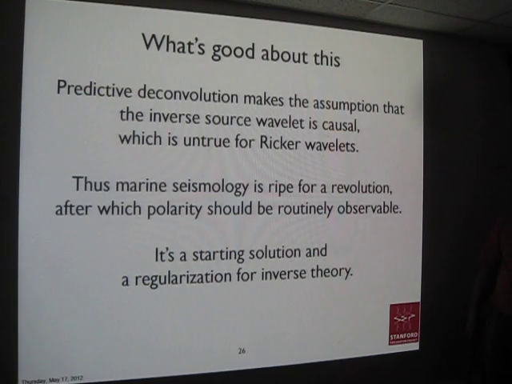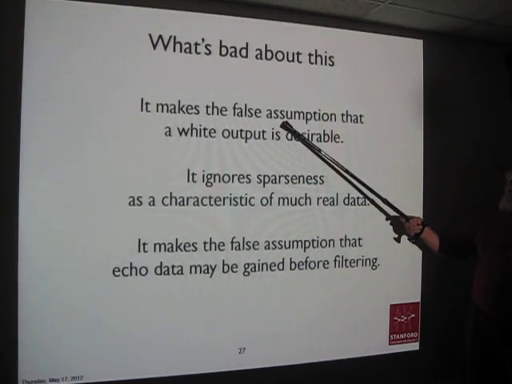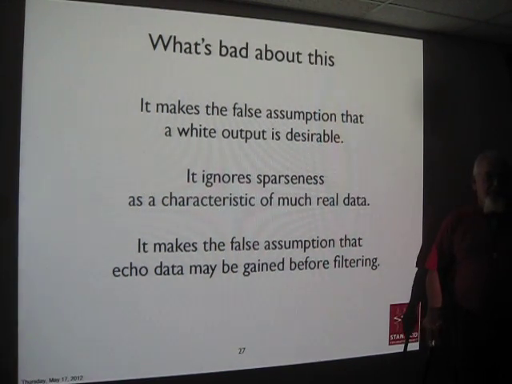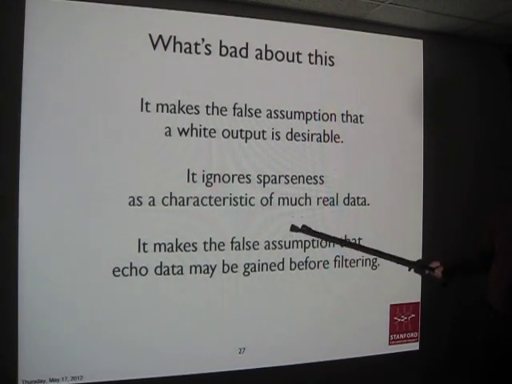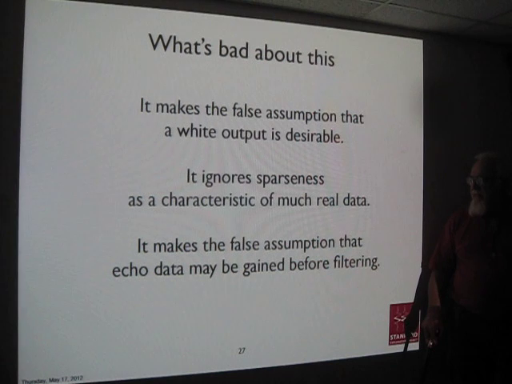There's a few bad things about this. Like all the classic deconvolution, it makes the false assumption that a white output is desirable. It also ignores the fact that there's sparseness in many real geophysical signals. We have strong reflectors and we have weak reflectors, and it's not uniform.